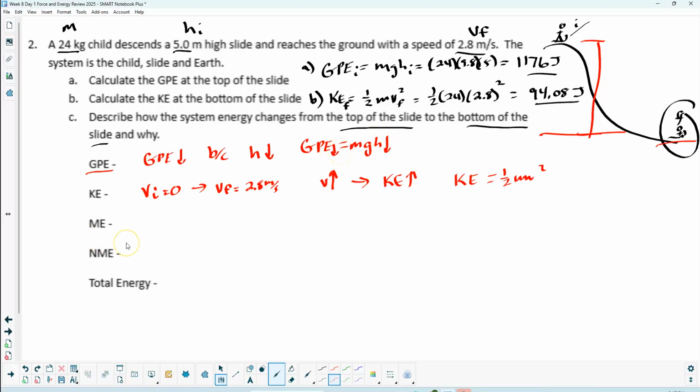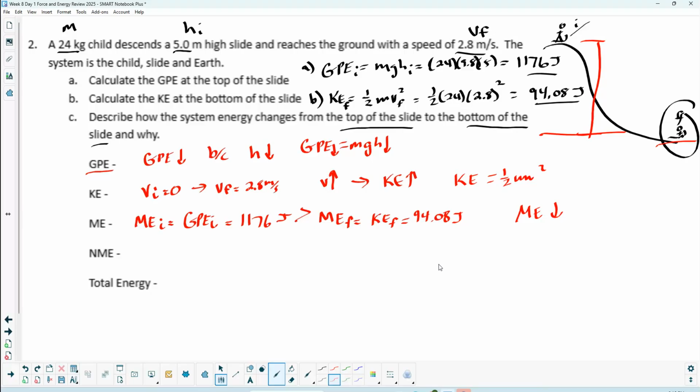Finally, mechanical energy. In the beginning, the initial mechanical energy is all the GPE to start, so that's 1176. At the end, the mechanical energy is all the kinetic energy, which is only 94.08 joules. So our number got smaller, so the mechanical energy dropped, and that's good enough math.